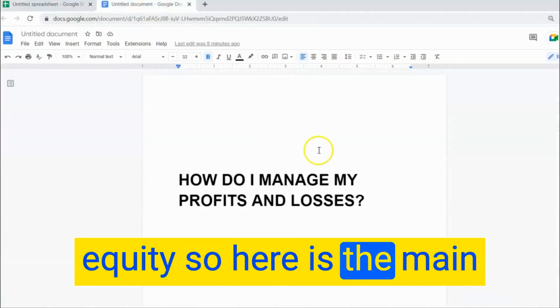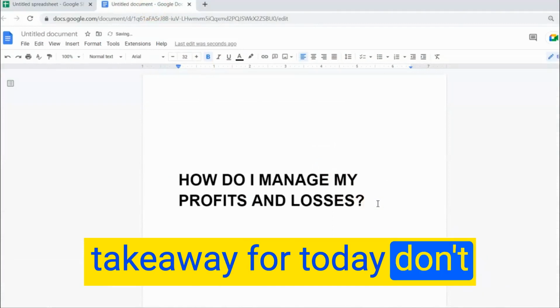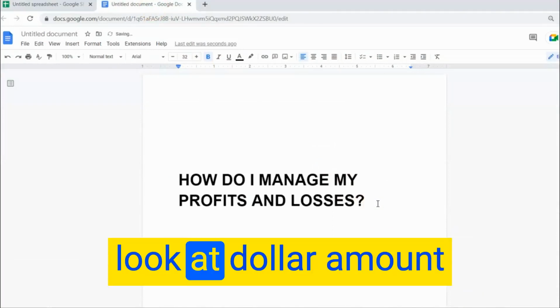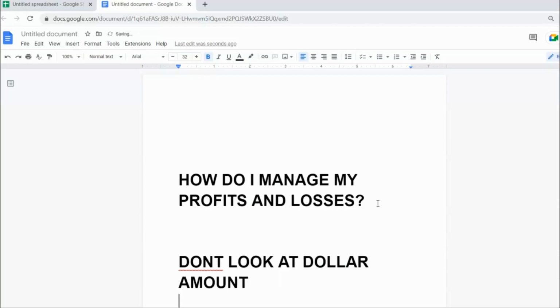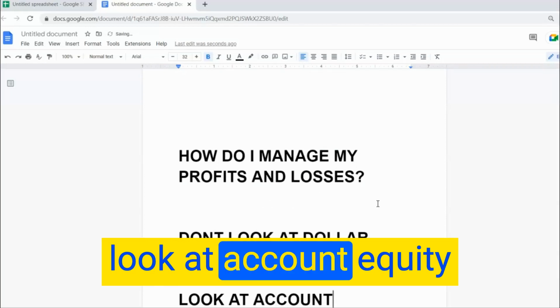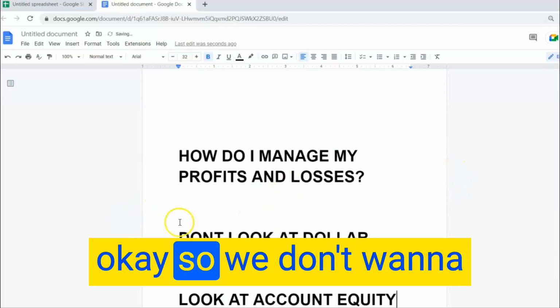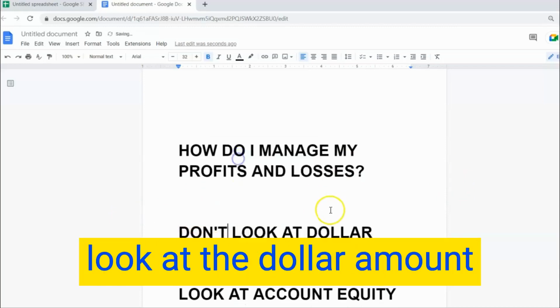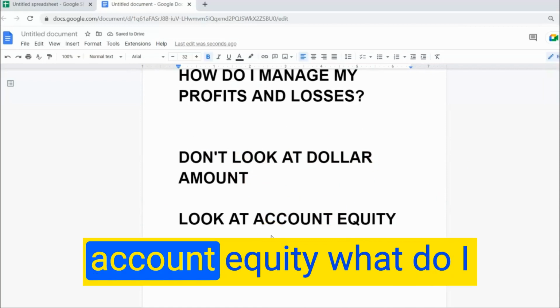So here is the main takeaway for today. Don't look at dollar amount. Look at account equity. So we don't want to look at the dollar amount. We want to look at the account equity.